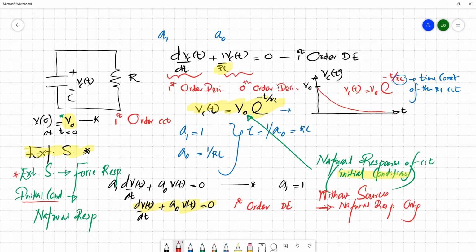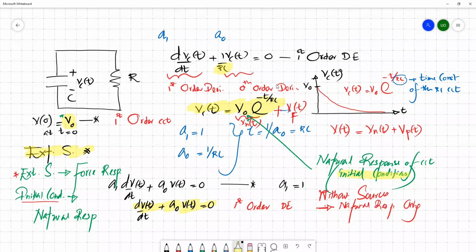Keep in mind, if you have an external source, you may have an additional term coming into the picture, known as the forced response. In addition to that, you have the natural response, Vn(t), and the forced response, Vf(t), coming from these external sources. Any voltage or parameter is a sum of the natural response plus the forced response.